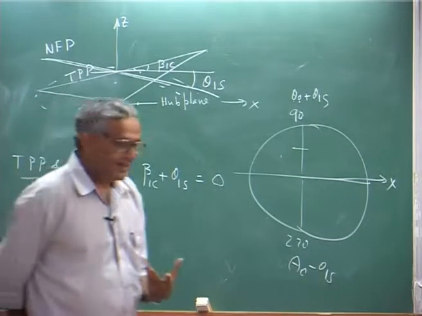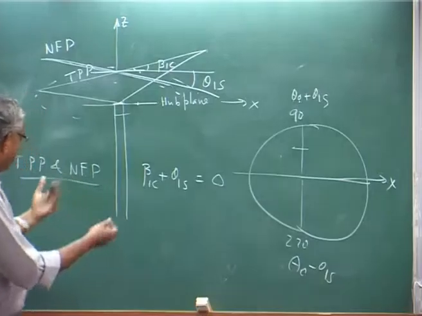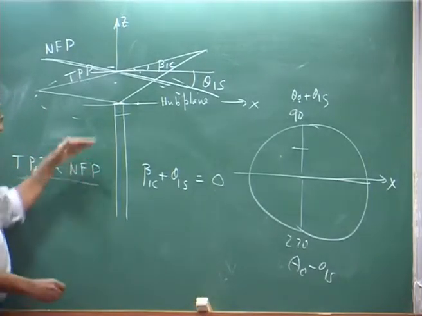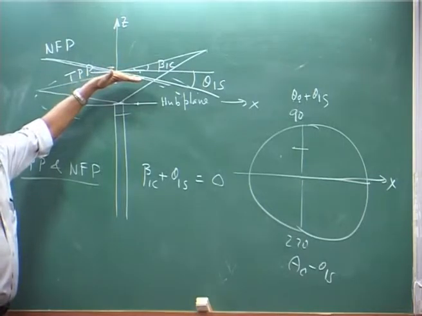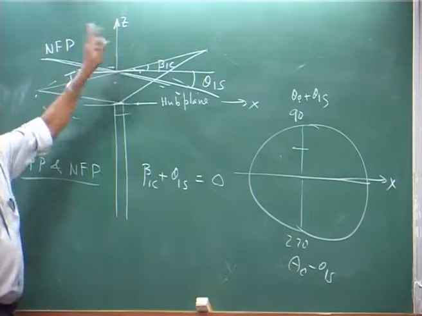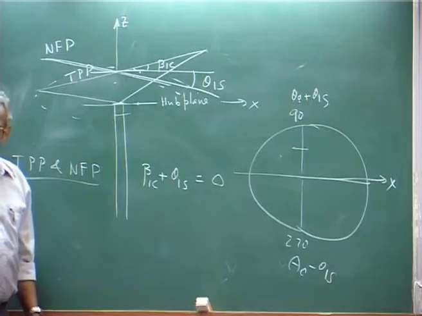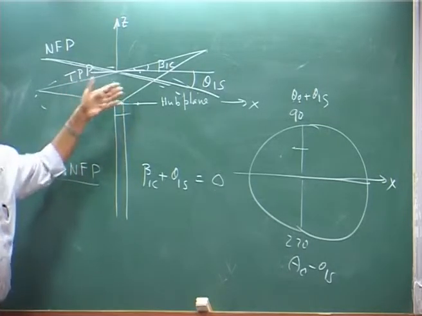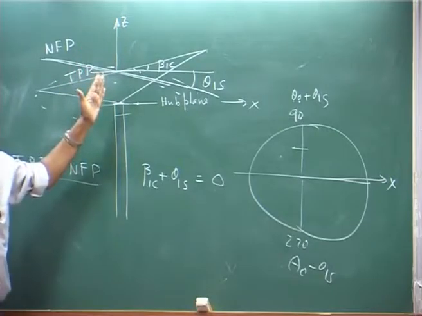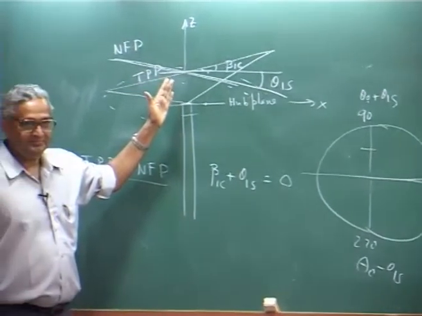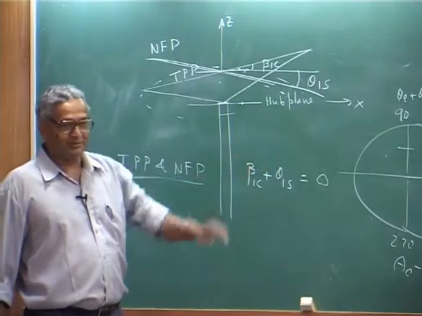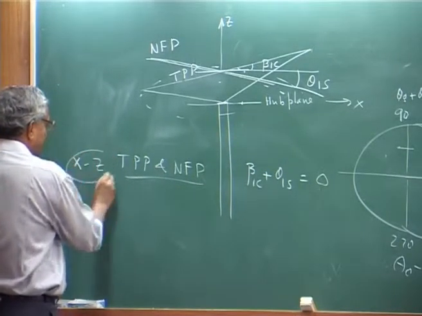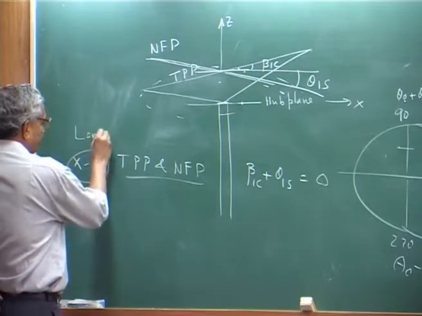And if you look at the other, this is tip path plane and no feathering plane in longitudinal direction, because you are looking at x and z. If you look at the tip path plane, no feathering plane in the y z, you will get the opposite in the y z. This is x z plane, that is longitudinal plane.